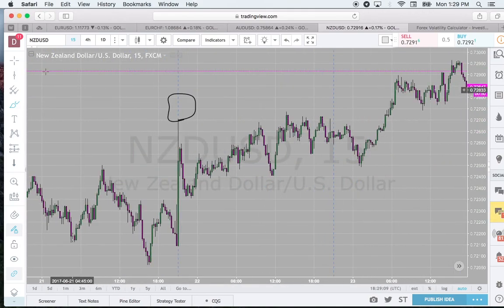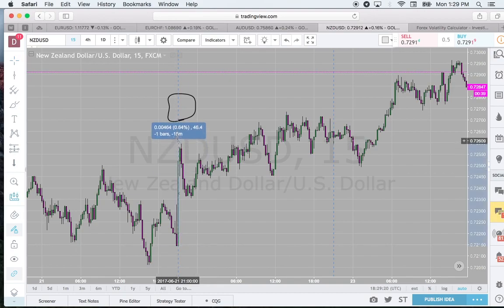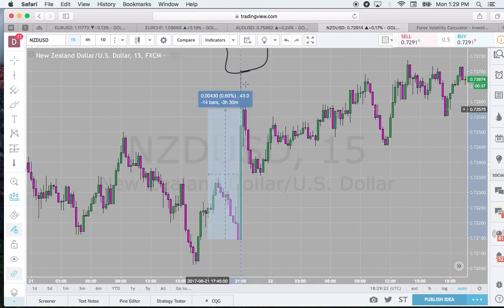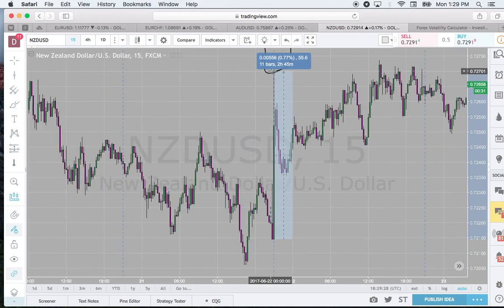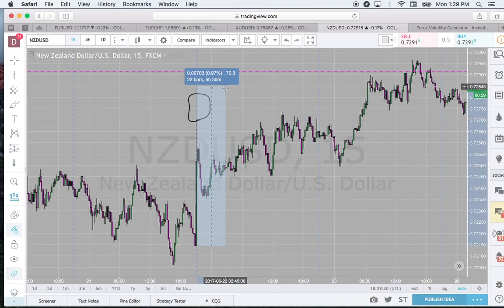So there will be these high impact news events that occur at these times. And check this out. Price was down here. There was a 55 pip spike. But remember, there is also that spread. Spread is being manipulated as well.